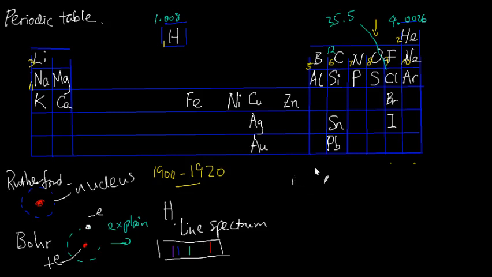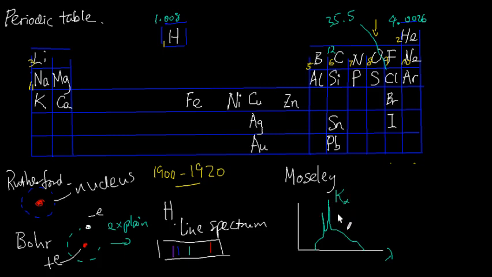If you remember my video on characteristic X-rays, Moseley studied the characteristic X-rays, the spectrum that looks like this, with a peak there and a peak there, with the K lines, K alpha and K beta lines.